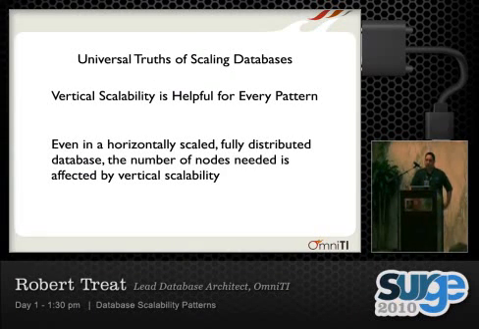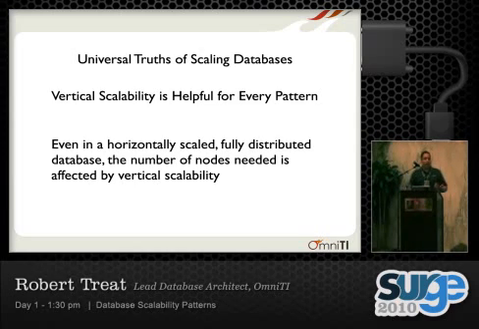Vertical scalability is helpful for every pattern, right? What I mean by that is that the more efficient any individual node can be, the better off you're going to be. Whether you're doing full horizontal scaling and all your individual nodes are taking one slice of the data, and you've decided, well, I don't really need great performance because I can always spin up other nodes, the better those individual nodes can perform, the fewer nodes you need overall, right?